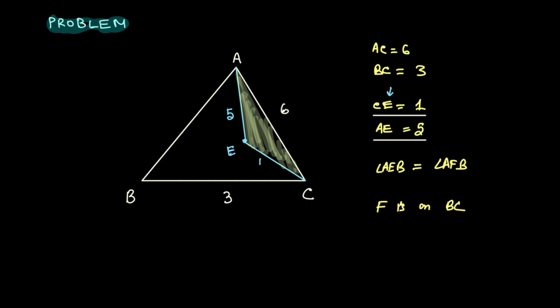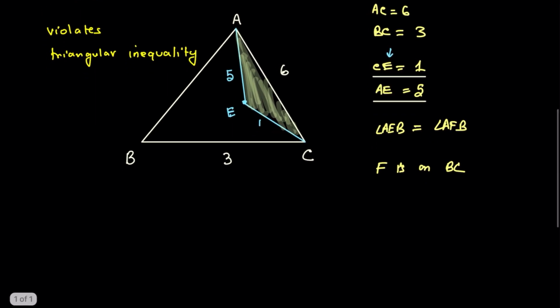It violates the triangular inequality. So what is the triangular inequality? The triangular inequality is that the sum of any two sides must be greater than the third side of a triangle.